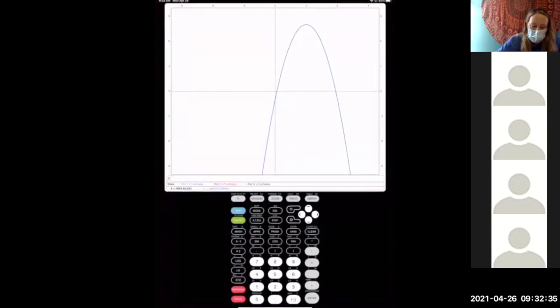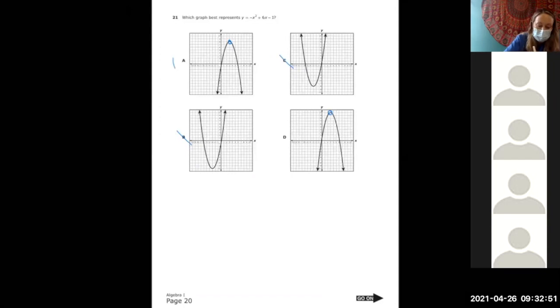I can see on the left and the right hand side that we've got 9 and 6. Our top of our graph is between 9 and 6, so that rules out 10. And so we can choose A, because the vertex is between 6 and 9.